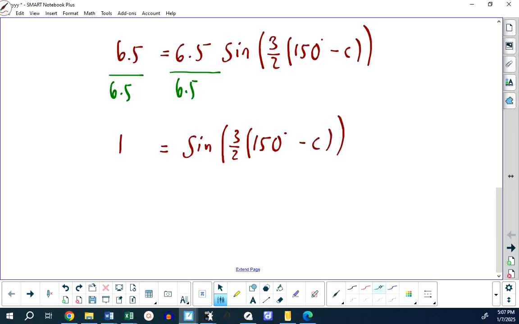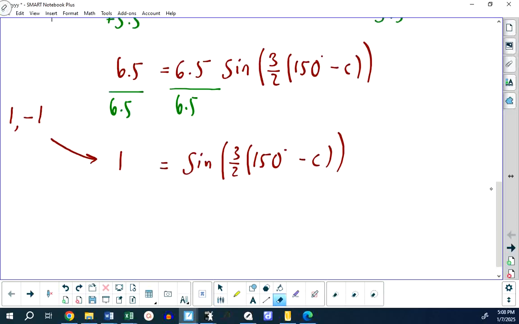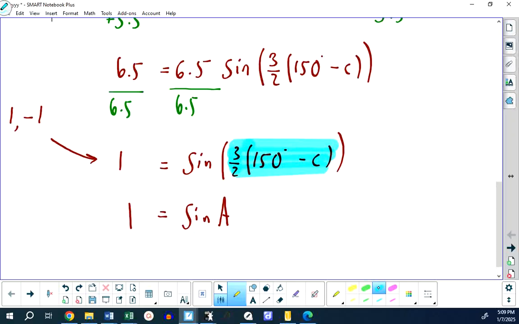Now, if you have done things right, this number here will always be a 1 or a negative 1. So now what do we do? We understand that this is saying sine of some angle equals 1. The angle is quite a complicated thing. By the way, that A that I've written there is not for amplitude, it's just an angle. This whole thing is some angle, so the sine of that angle is 1.